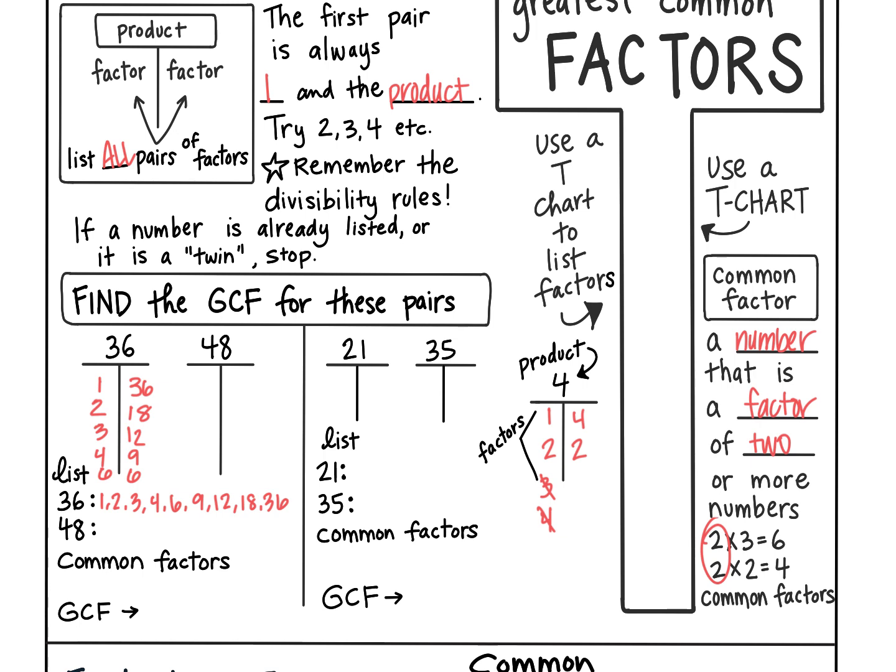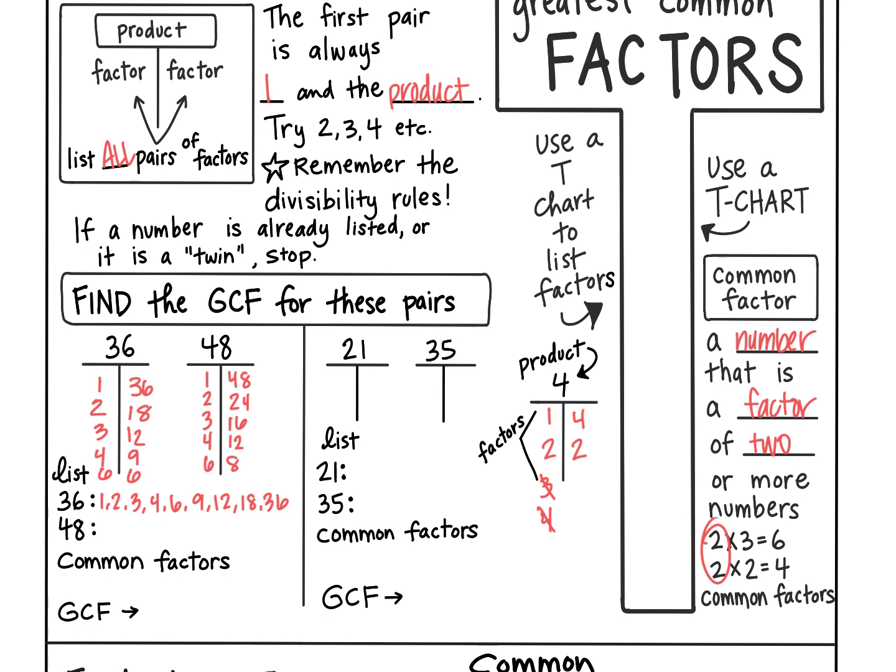Now I'm going to do the same thing for 48, starting with 1 and 48. Then I go to 2. 2 times what equals 48? 24, right. And then 3 times 16, 4 times 12, 5, nope, 6, yes, 6 and 8.